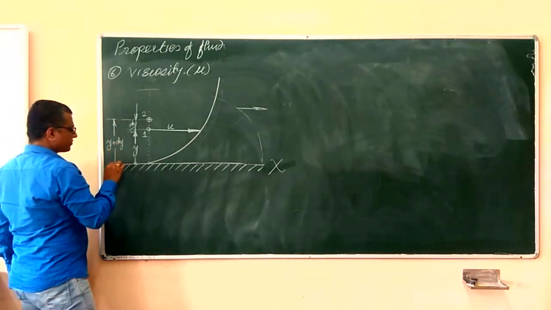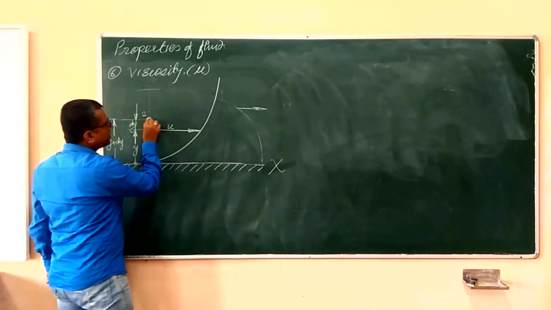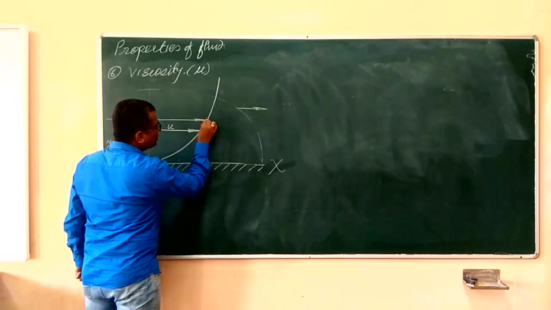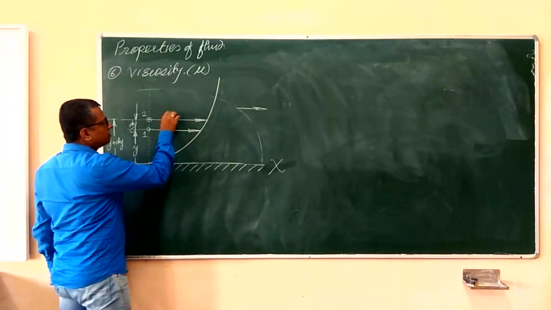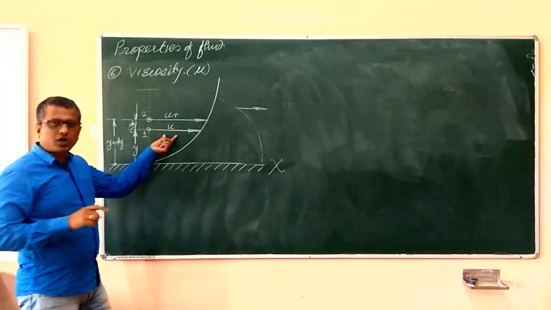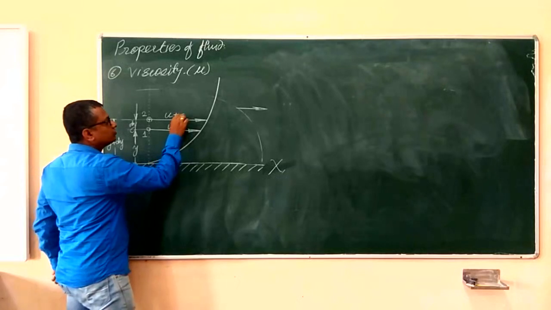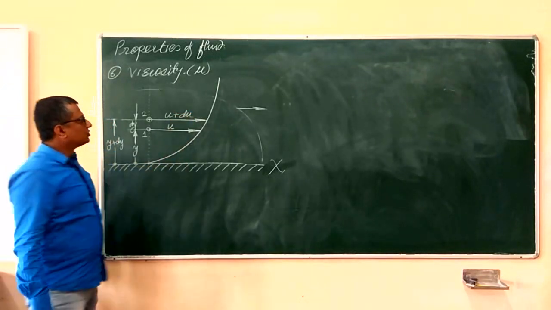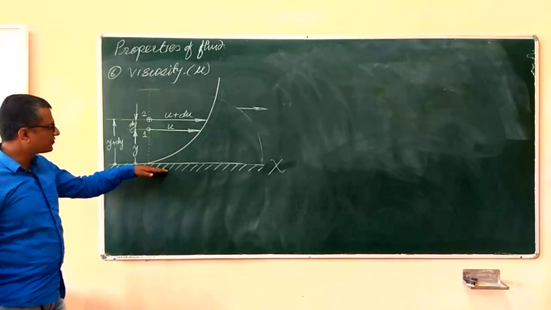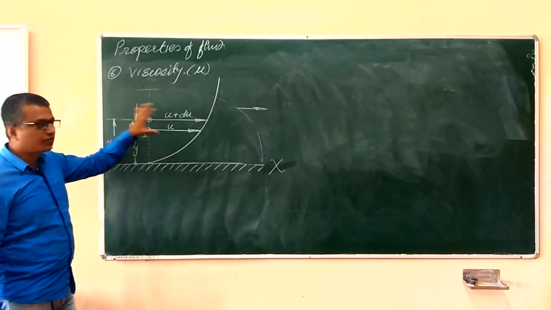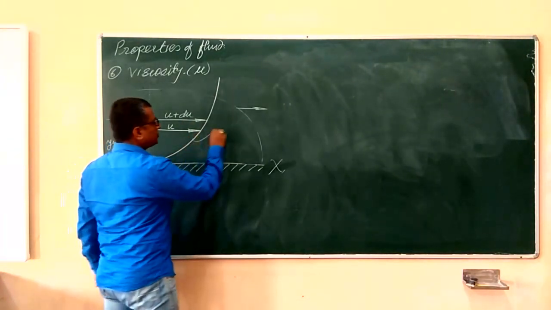The velocity of this fluid particle 2 is represented by a vector, which will be up to the velocity profile, with magnitude u plus a small increment du. So, I repeat once again, this is a rough horizontal surface over which fluid is flowing. The velocity profile for the fluid flow is over here.